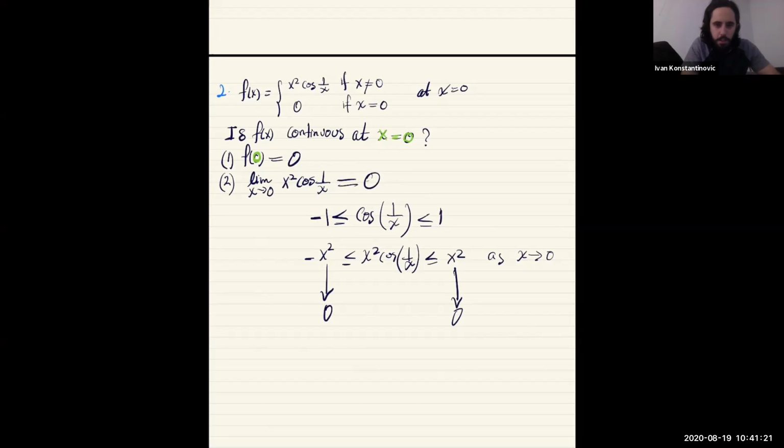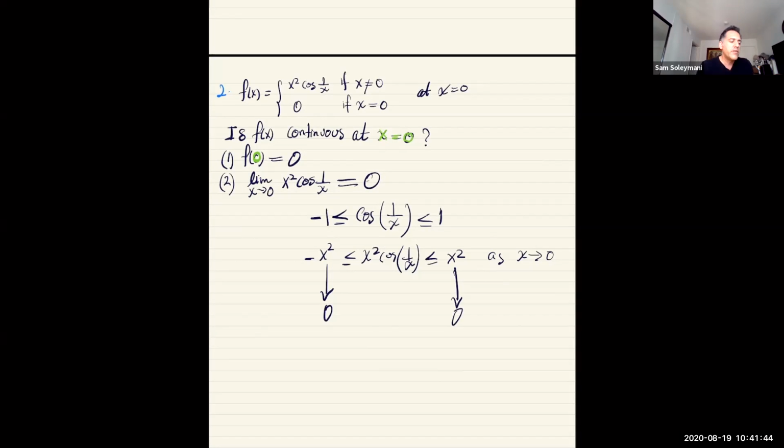Okay, so I did this when I first saw the problem, and this is exactly what I did. If I do have a problem like this, and it makes sense that from the left, negative x squared and x squared in this example both go to 0, then by squeeze theorem, we can just assume that the middle function is going to be 0. That's exactly what squeeze theorem is.